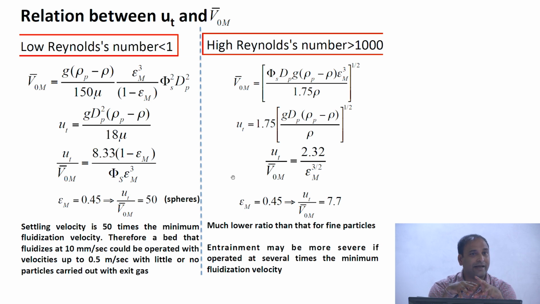Of course there are cases where entrainment may be required. If I have particles of different sizes, I would like to take out the larger ones or smaller ones, so I can also exploit entrainment in some cases.